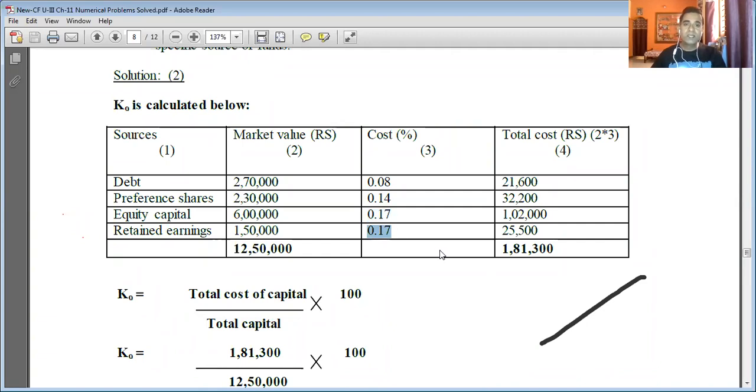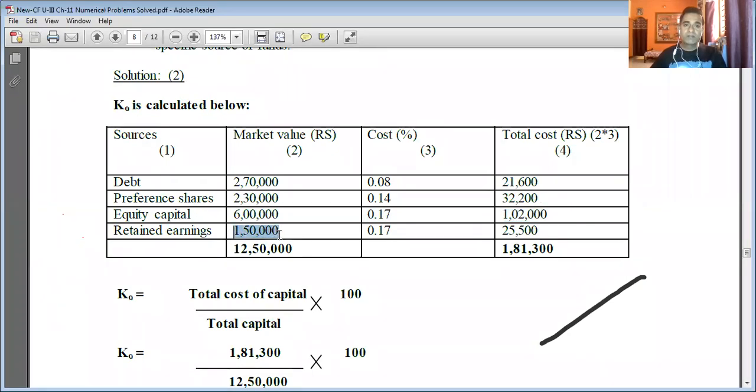If I multiply columns 2 and 3, 2,70,000 into 0.08 is 21,600, the total cost of debt. Preference shares 2,30,000 into 0.14 is 32,200. Equity capital 6 lakh into 0.17 is 1,02,000.